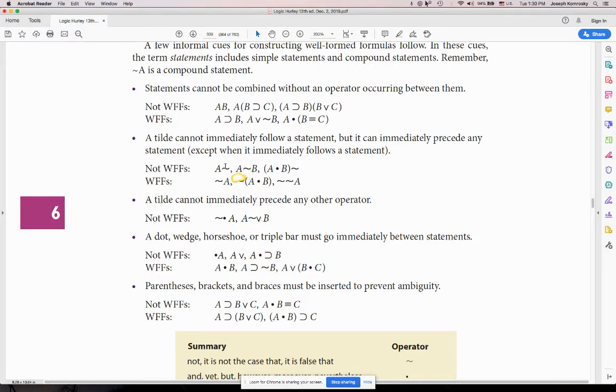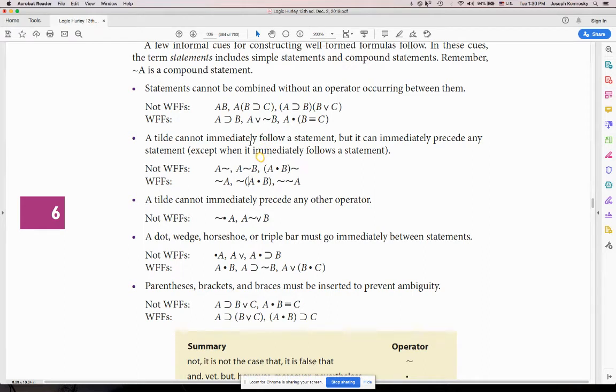For example, see this one? A horseshoe, not B, that's fine. Because you got a logical operator that separates the two, and then this operator negates that one. So you might say the only way you can have two operators side by side is to have the tilde to the right and another operator to the left.